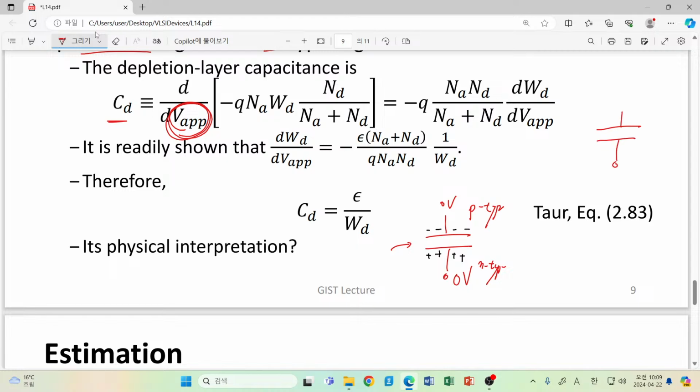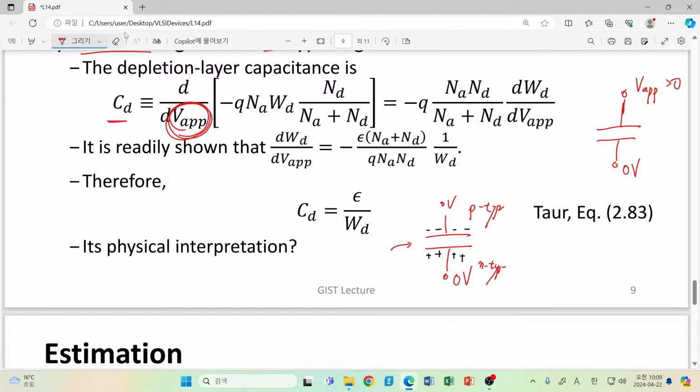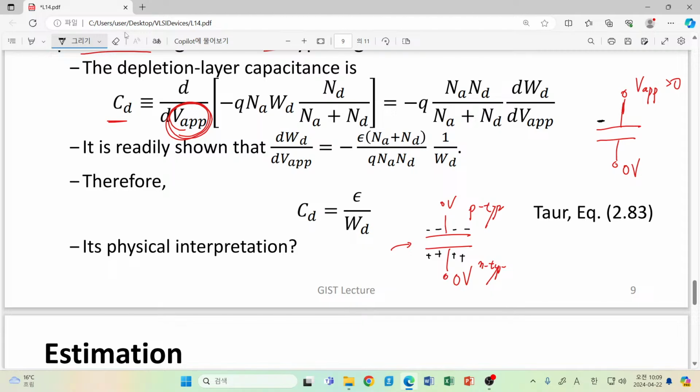Now we still have 0 volt, and we have applied V applied, and let's assume that this is a positive value. Then if you apply a positive value, what you can expect is that in forward bias mode the depletion width becomes narrower, so the amount of charge collected in this PN junction will be reduced.